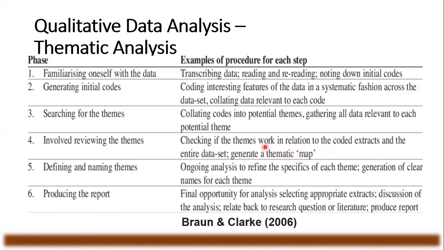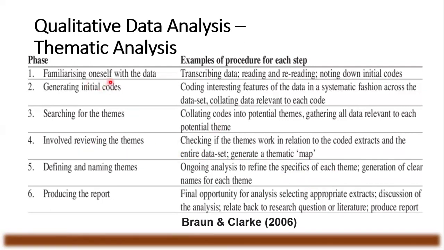This is the procedure that you can apply in case of NVivo. There is an option of thematic mapping. I will let you know how this is applied, but using this procedure, you can find out what kind of relationship really exists between different codes. So you can review your themes in this step.